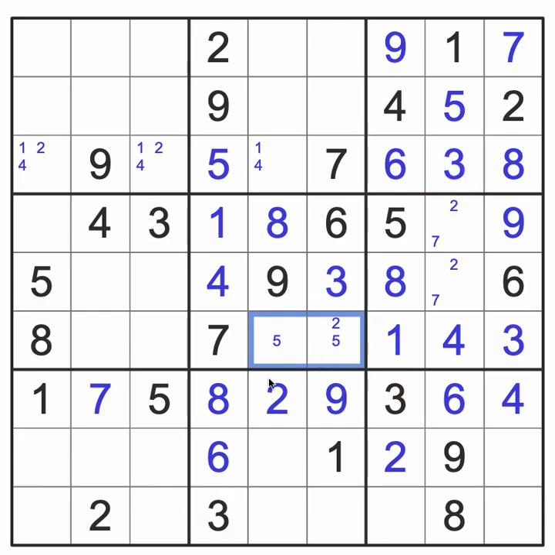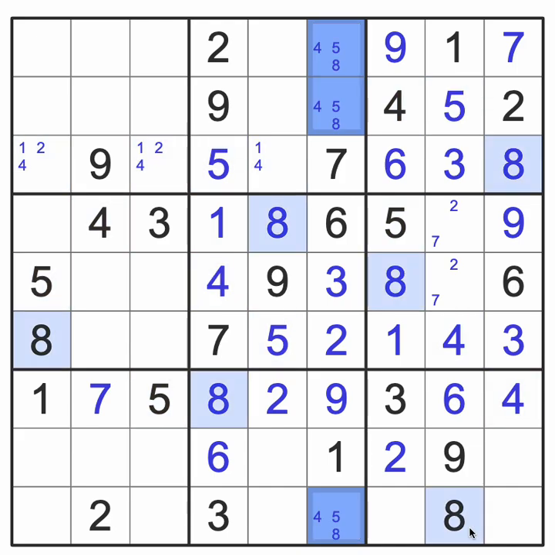These are 2 and 5. 2 has made this cell 5, and this is 2. Now these 3 cells will be filled with 4, 5, 8. And this cell is blocked by 4 and 5. Make it 8.